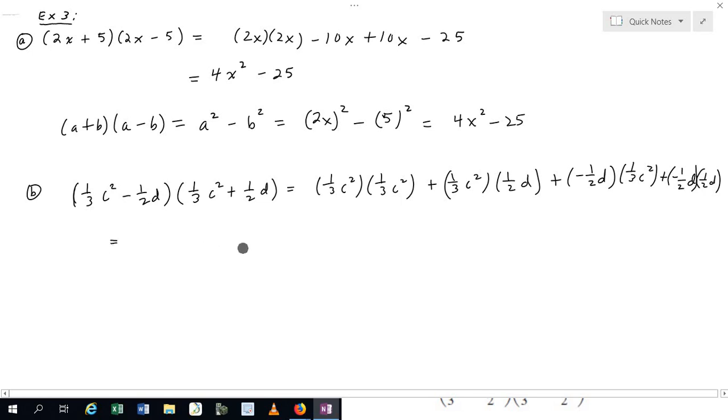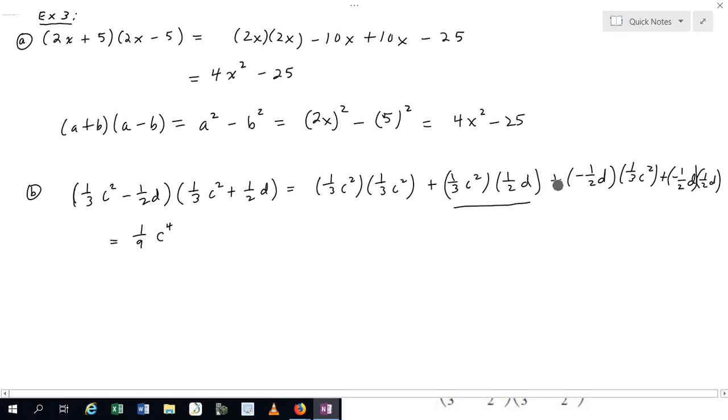Okay, so let's see if we can't simplify this. Again, the order in which you multiply doesn't matter, so I can take the 1/3 and multiply it by the 1/3 in front and get 1/9. And then c squared times c squared would be c to the 4th, adding exponents. Now notice here, these would cancel out because you have 1/3 c squared times 1/2 d, and then over here you have the same thing except it has a minus sign in front of it.